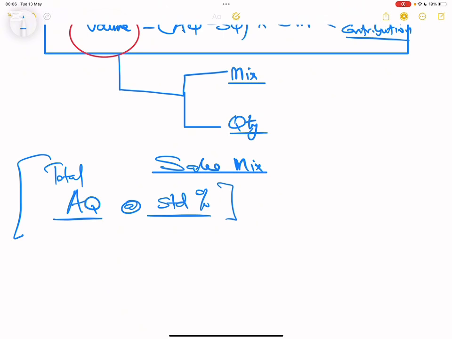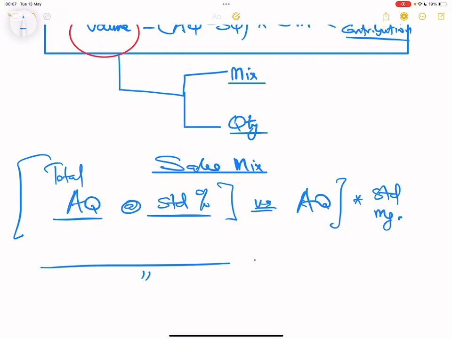So which means if we compare this versus the actual real quantity, and we value it at the standard margin as we always do, that is sales mix variance. However, if we are comparing this same one with the standard quantity, remember, still valuing at standard margin, this is what we call the quantity variance.